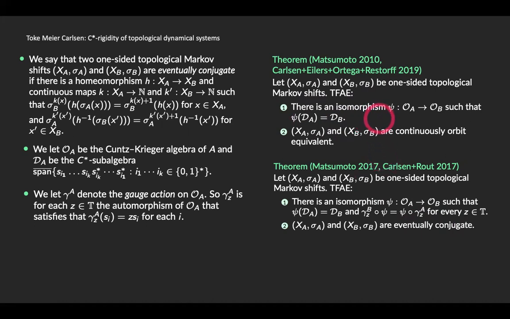But there is an old result by Kishimoto and Bratteli that, for primitive matrices, characterizes when you have a gauge-invariant isomorphism between the Cuntz–Krieger algebras in terms of the topological Markov shifts.